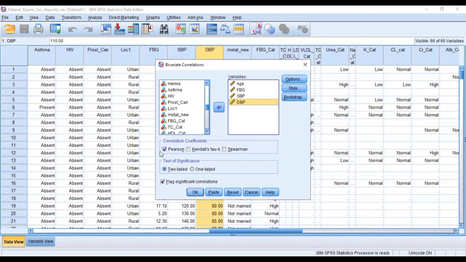So we'll talk about the Pearson and then the Spearman correlation. Now, mind you, in a previous video, we established that if you realize your continuous variables, i.e. these ones, are normally distributed, then you check the Pearson correlation. Now, if you realize it is not normally distributed, then use the Spearman rank correlation.